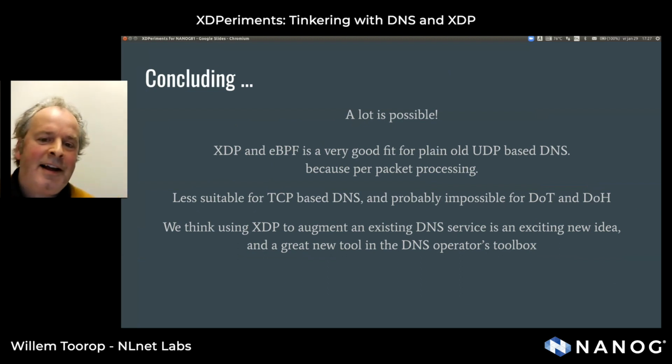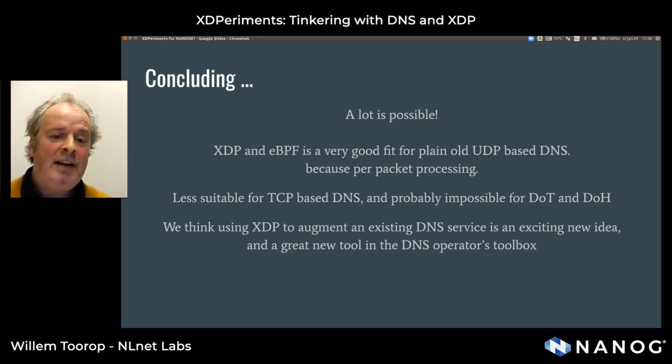So concluding, a lot is possible with XDP and eBPF, but it is especially a very good fit for plain old UDP-based DNS because it has per packet processing.